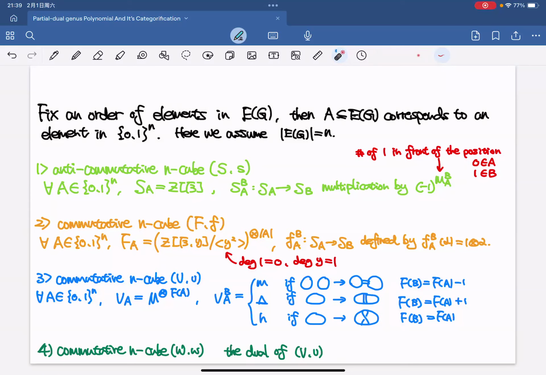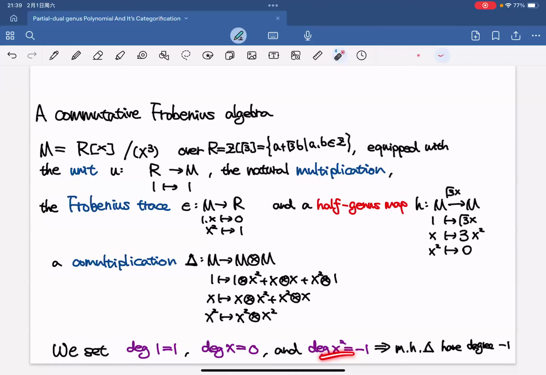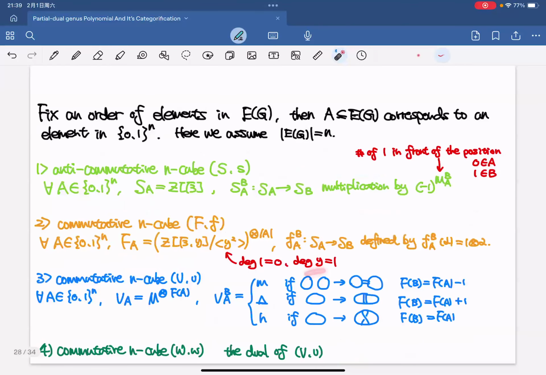And here we introduce another variable y, and the degree of y is 1. So we have two things here. The first one is x, and the second one is y. And the third and the fourth cube are used to categorify the FA and FAC.